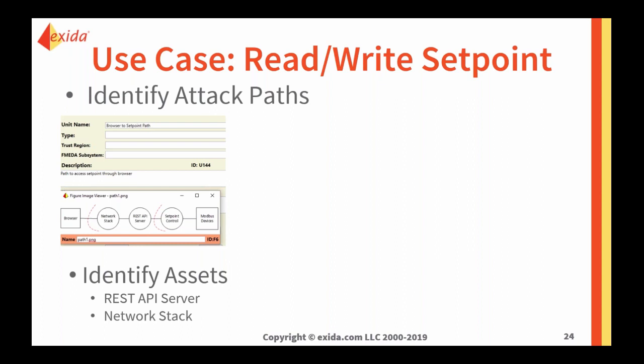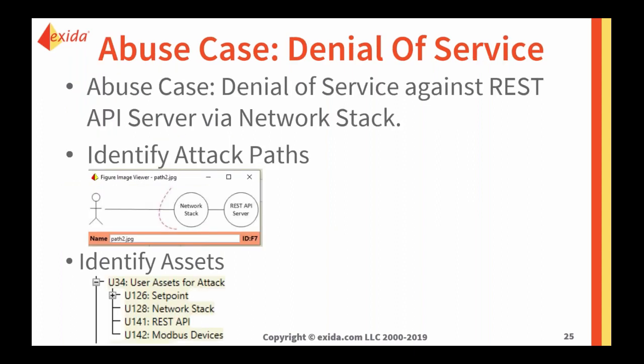So if we go to the next one, the abuse case here is, like I said, the denial of service abuse case. So what we've done is we've done the same thing. We've created a generic node. We've attached a particular attack path that gets us to the denial of service via the network stack. So what we're looking at is the network stack and REST API server.